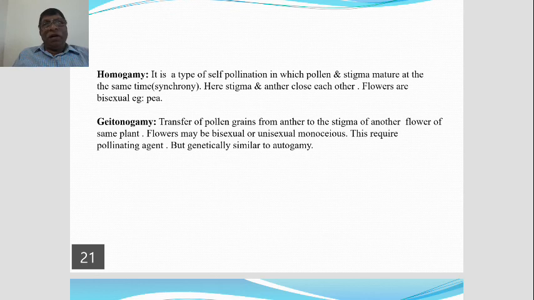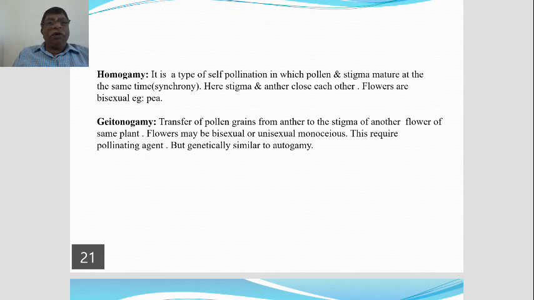For example, in maize, you can see the male flowers are at the top, which we call the tassel, and the female flowers, the cob, contain the silky style and stigma. Flowers are unisexual but monoecious, borne on the same plant. Castor also.